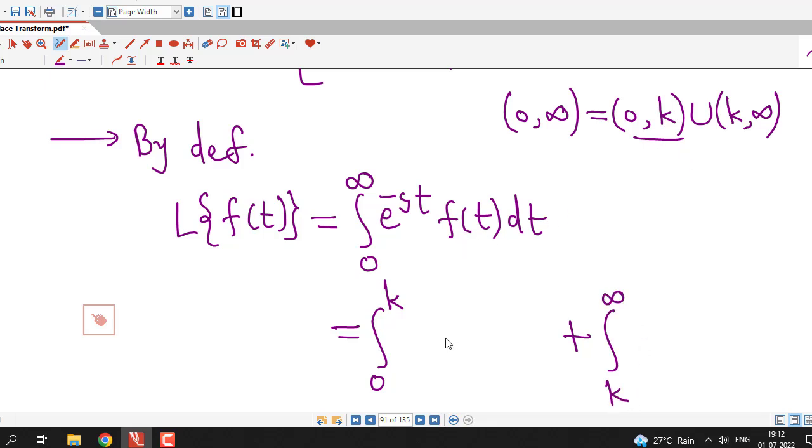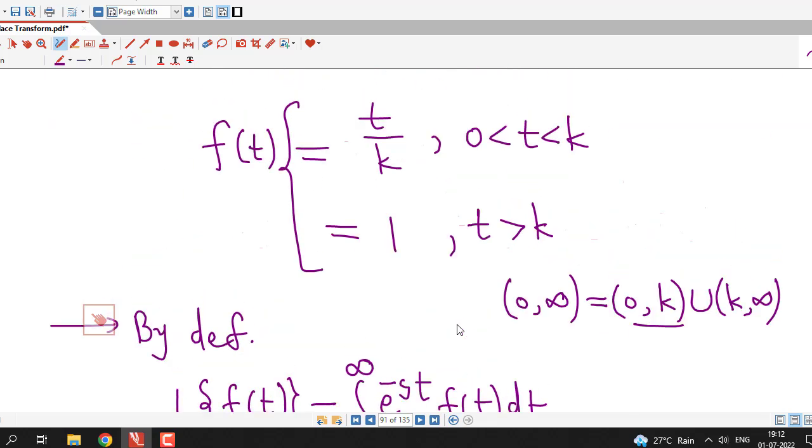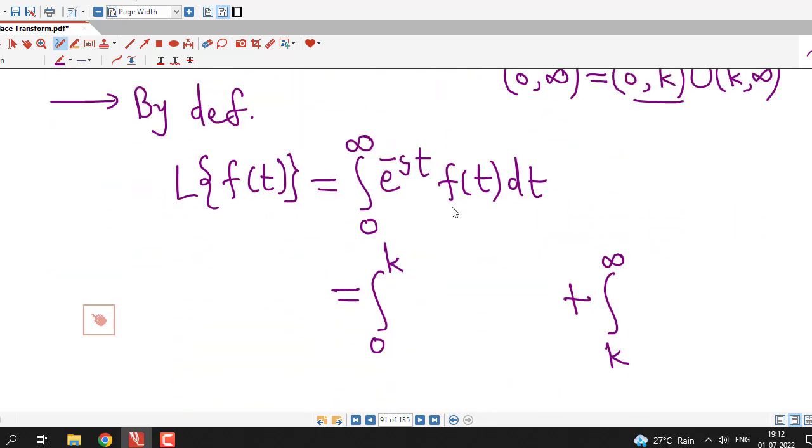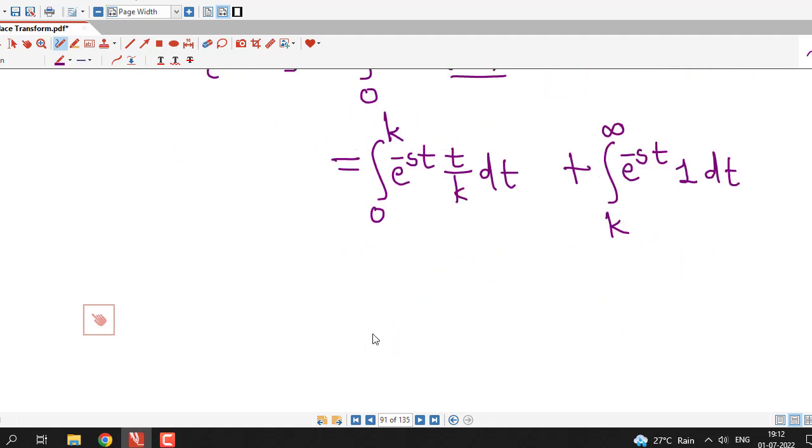In 0 to k the value of the function is t by k, so here we put t by k, and in the interval k to infinity the value of the function is 1, so here we write 1.